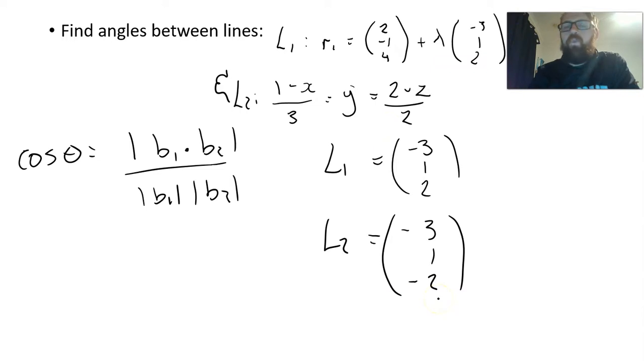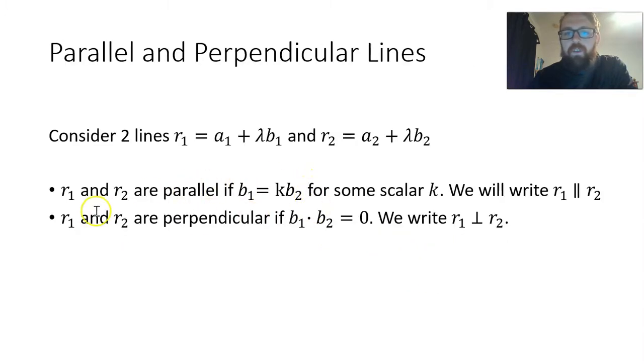Now, we just saw that R1 and R2 are parallel if B1 equals k B2.